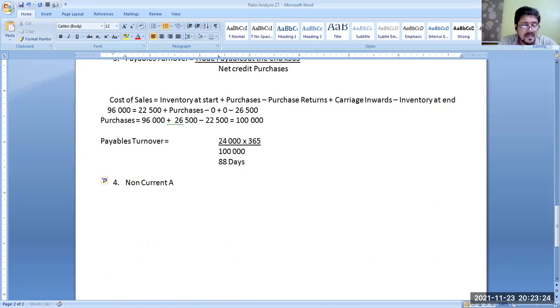Non-current asset turnover is equal to net revenues divided by total net book value of non-current assets.